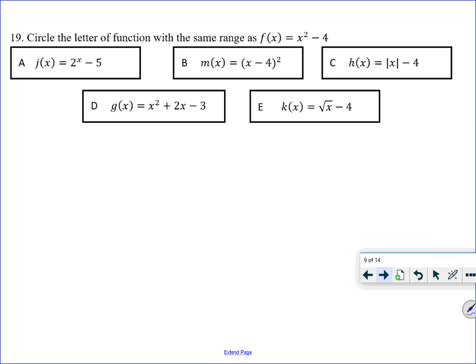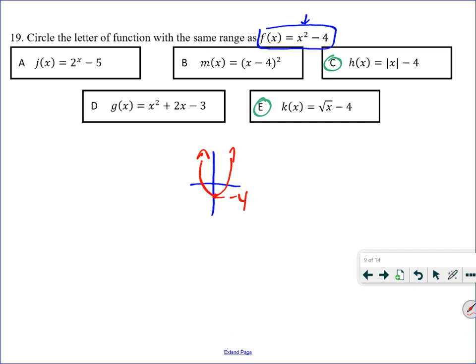Okay, for this one, circle all the functions with the same range as f of x equals x squared minus 4. Now, right away, we should know that this one and this one have the same range. Because if you were to graph this function right here, it would look like this going through negative 4.